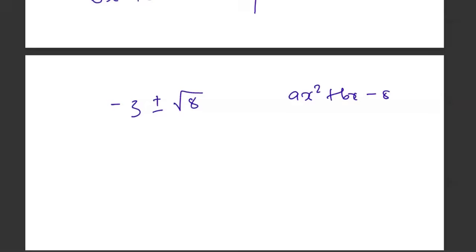Okay. And those are roots. We need to use the intercept method and say that if y is negative 3 plus root 8, and then negative 3 minus root 8, what does this give us? Gives us something like a difference of two squares.